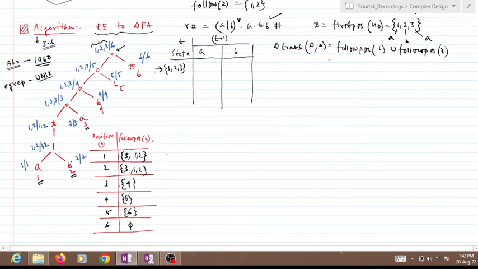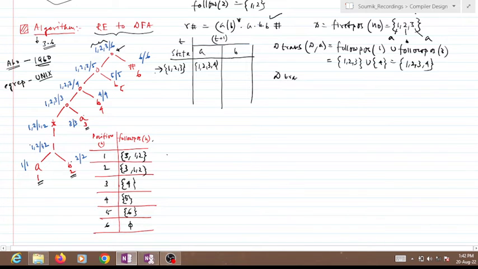Followpos of 1 can be found from this table, 1 2 3, and followpos of 3 is 4. So finally it will be 1 2 3 4. So here we will write 1 2 3 4. We have found the value for the terminal a.